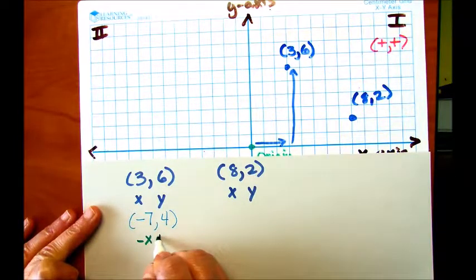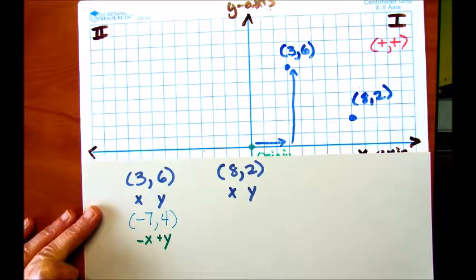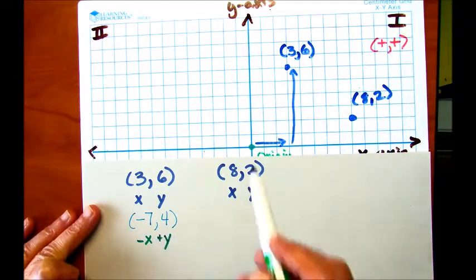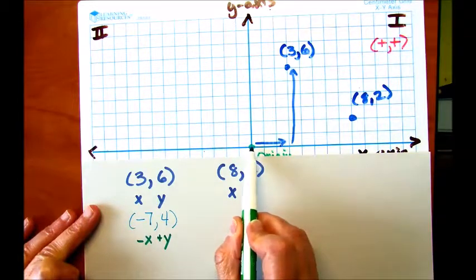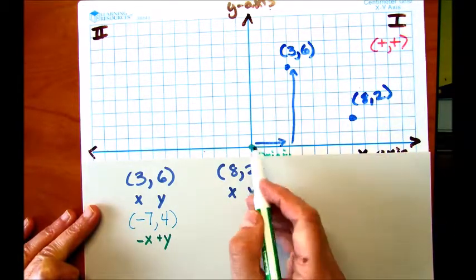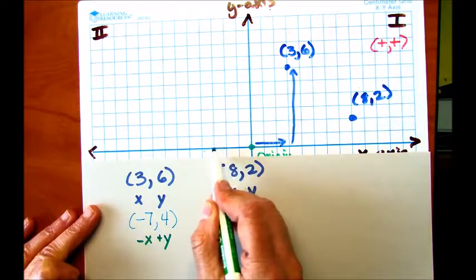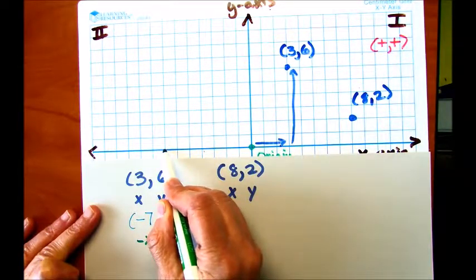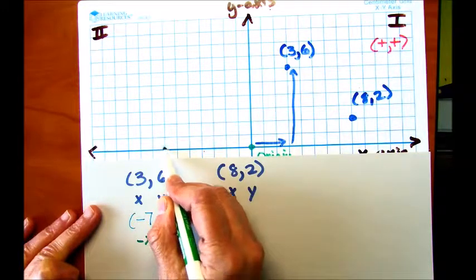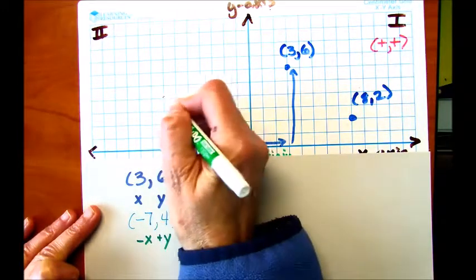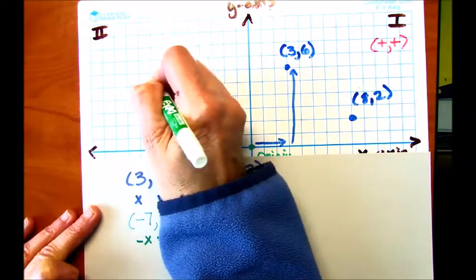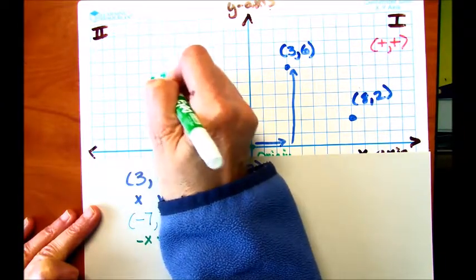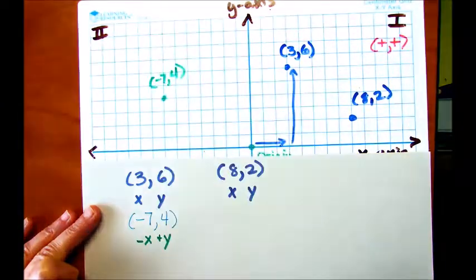So this will be a positive y. So let's go ahead and plot (-7, +4). So we're going to count in this direction to the left 7. 1, 2, 3, 4, 5, 6, 7. And then we're going up 4 because it's a +4. 1, 2, 3, 4. So we go ahead and write that out, (-7, 4).